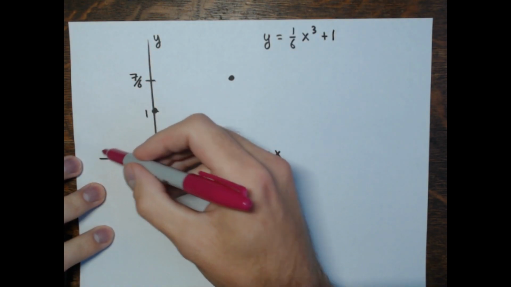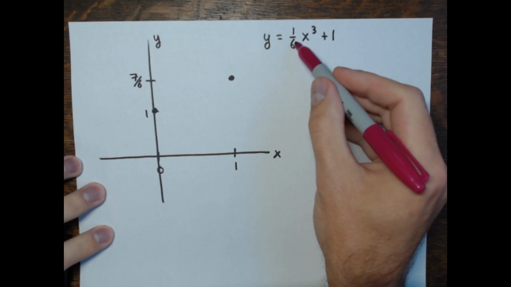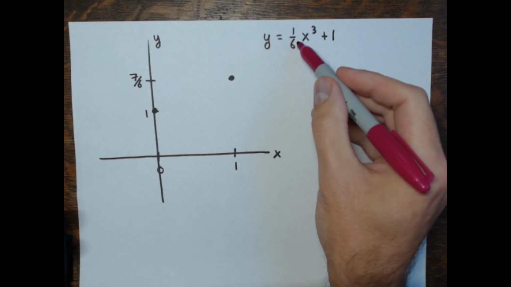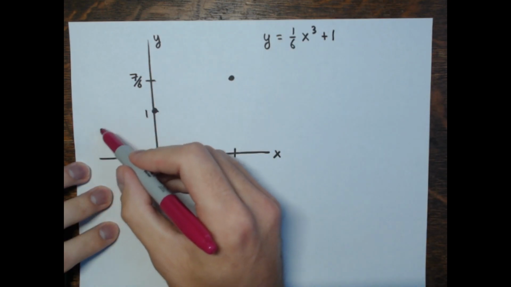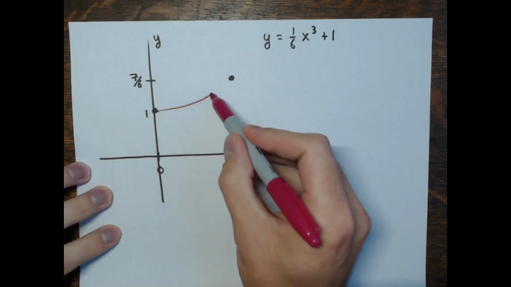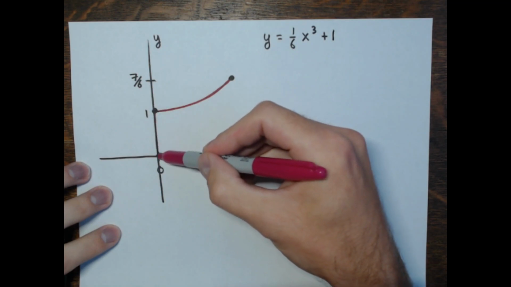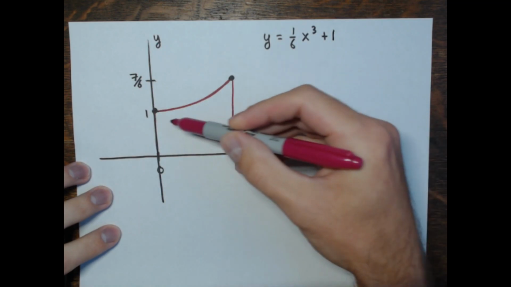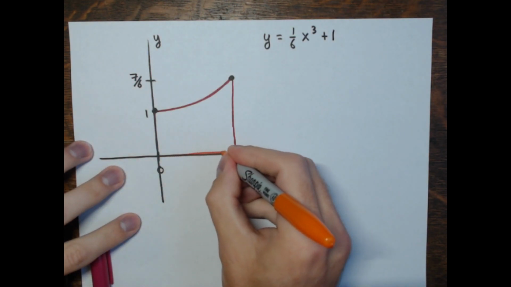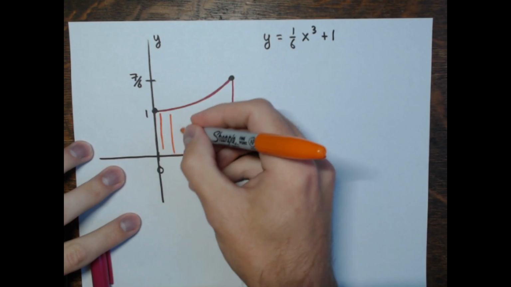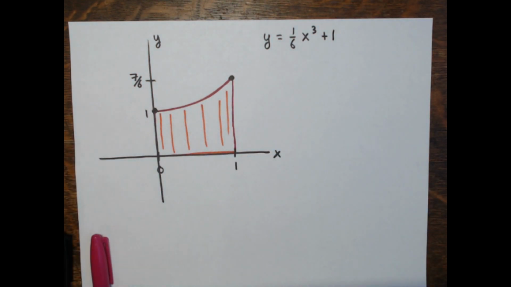This would just be the usual cubic, but with a vertical compression by a factor of 6, and then it's moved up 1 unit. So it's something like this, a little curve there, from x equals 0 to x equals 1. So we're talking about this region right here down to the x-axis. There's R, the region R we're talking about.